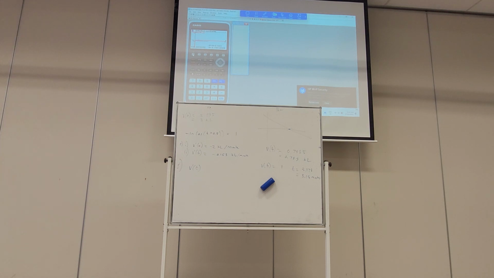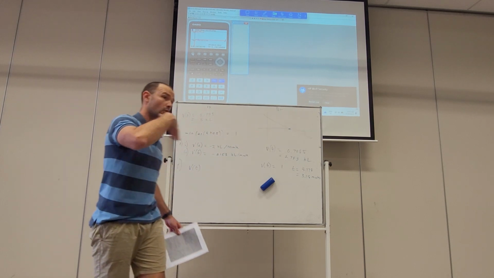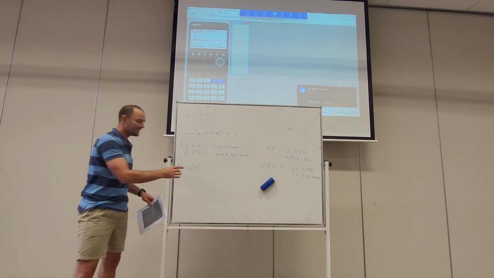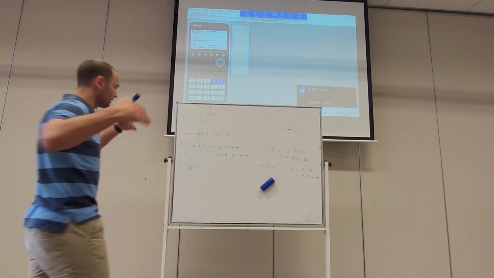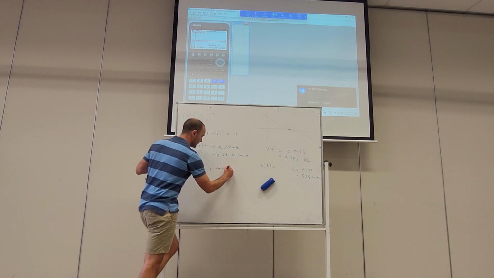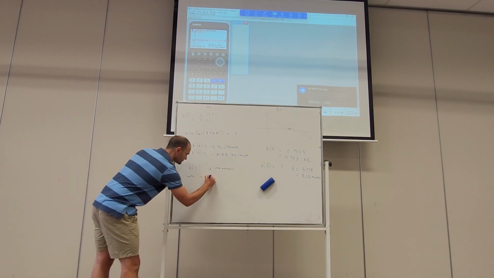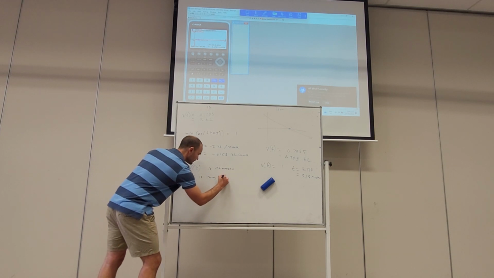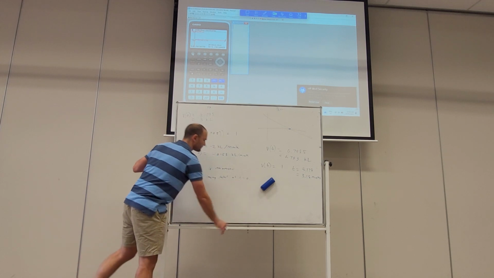And so as time goes on, the rate of change just gets smaller and smaller. And so to answer our question, when is water leaving the tank at the fastest rate? Well, that's when time is 0 initially. So V dash of t is maximised. Water is leaving at the fastest rate at t equals 0.